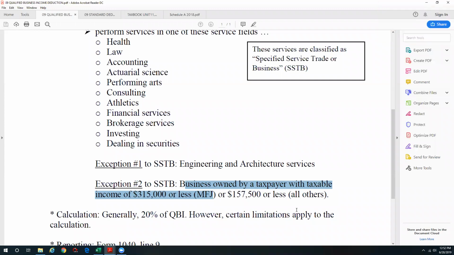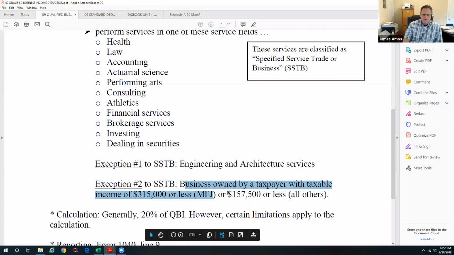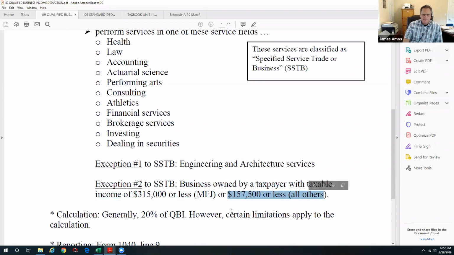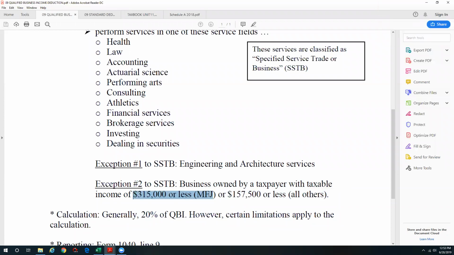And by the way, all others are half that. So single person, $157,500. Look, oftentimes on these kinds of things, look for the pattern because it's easier to remember.